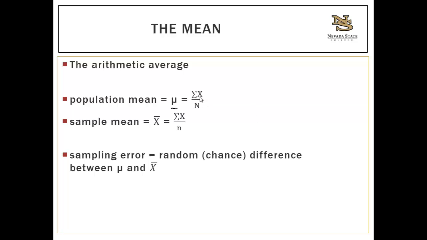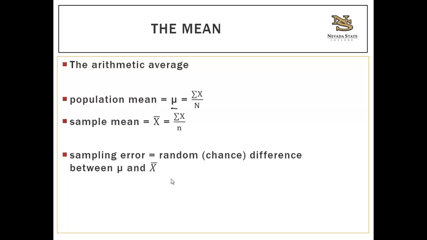Now that's the same thing that's going on in the sample mean. You add all the scores together, divide that by the total number of scores in the data set, but the symbol is a little bit different. This is X bar represents the sample mean. So this nice little sigma sign just represents summation, addition, adding all the values of X. X is usually just the notation for a score.